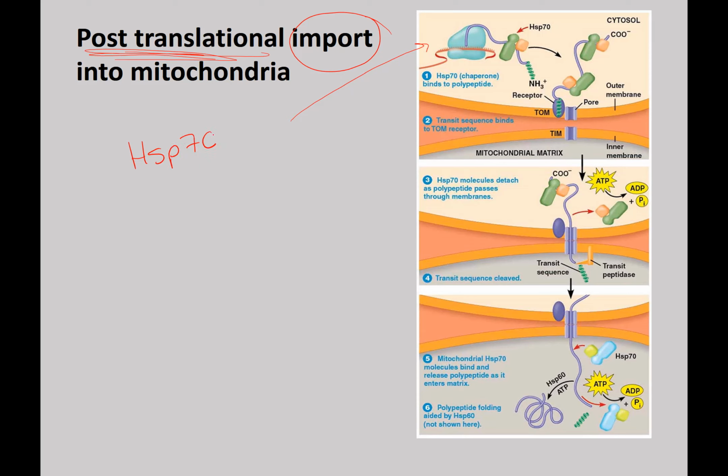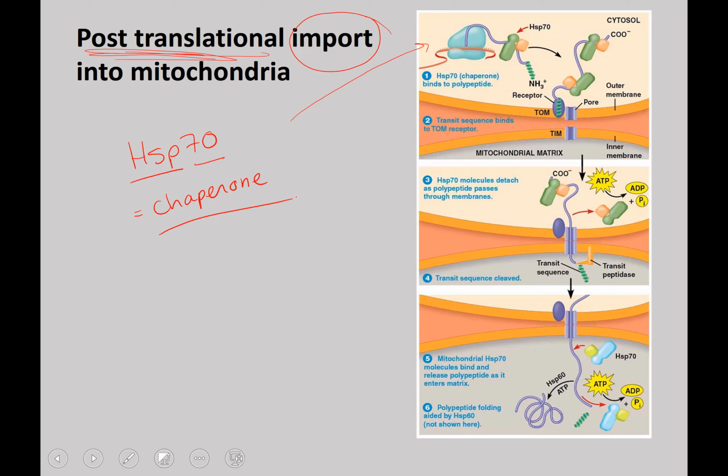HSP70, heat shock protein 70. This is also more generally called a chaperone. Right? So just like when you were younger, you had a chaperone taking care of you, making sure you were okay when you were out in the big, big world, right? Proteins have chaperones that make sure they fold correctly.